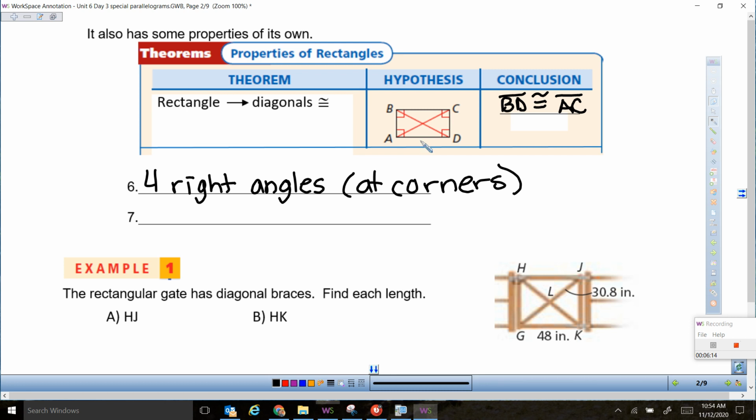And then the second distinction about rectangles is what we just saw in this text box, that the diagonals are congruent. So in a rectangle, the diagonals are congruent.